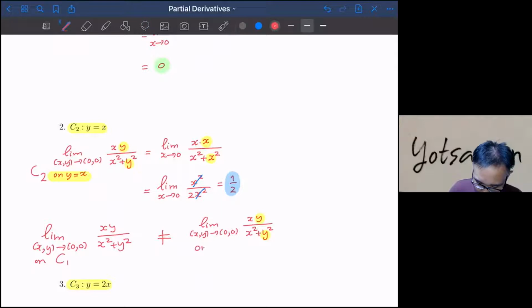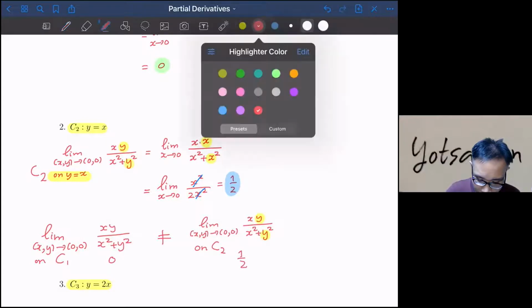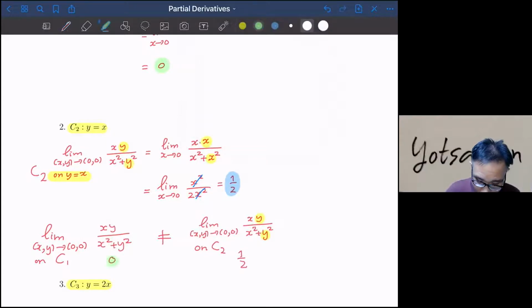The limit on C1 is 0 and the limit on C2 is 1/2. So you have the green color and the blue color, and they are not the same.